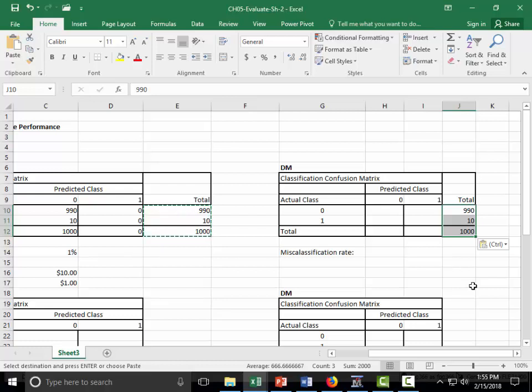But suppose the off diagonal, the sum of off diagonal divided by the total, okay, that's your misclassification rate or error rate. Now this data mining technique classifies, not all of them as zeros, the most prevalent class.